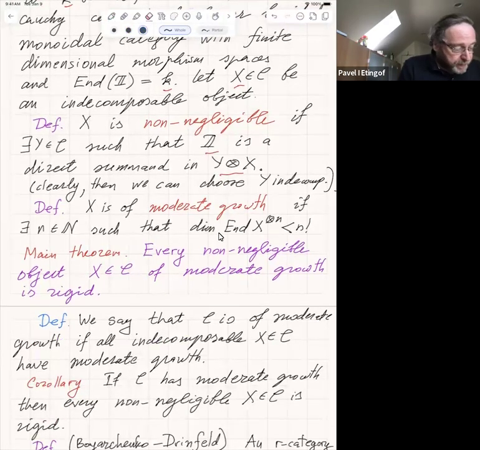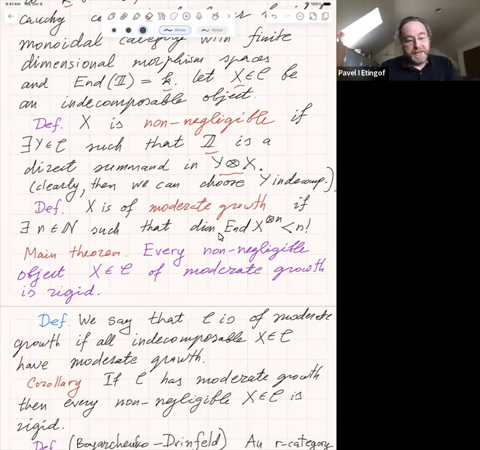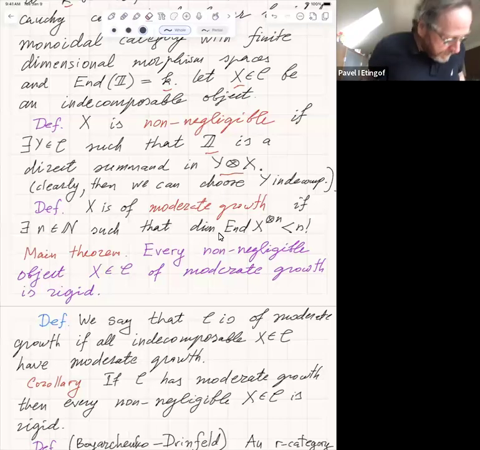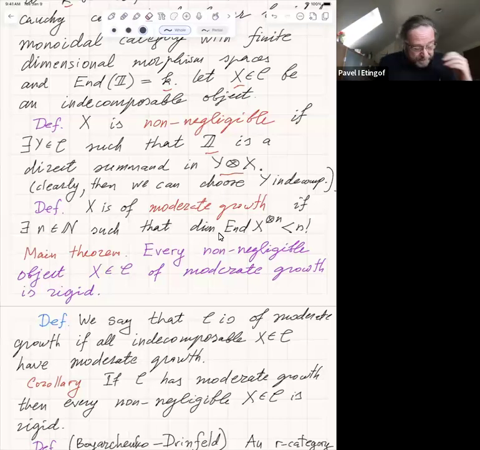It turns out it's not very difficult to prove this theorem. I think the reason it wasn't proved before is that people didn't think of using the moderate growth condition, which is crucial for this theorem. And luckily, in most applications, this moderate growth comes for free.